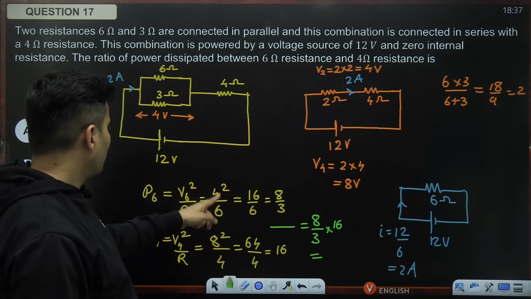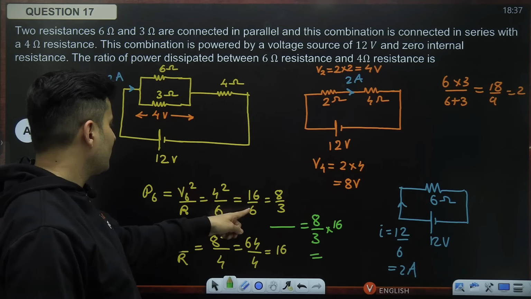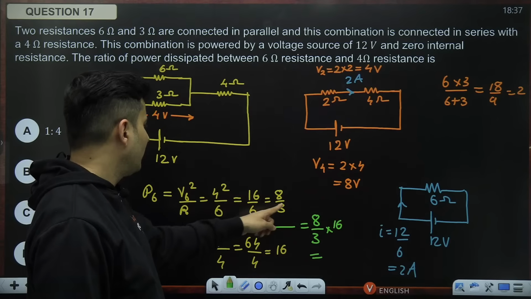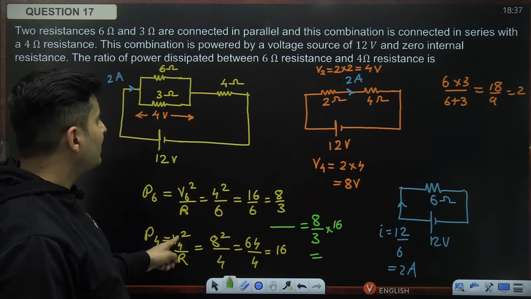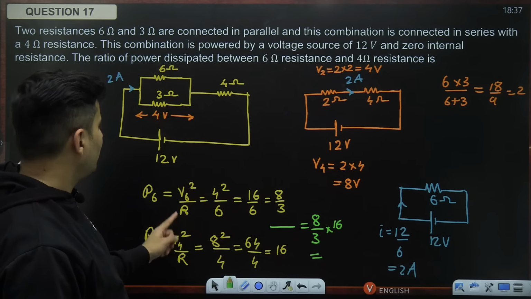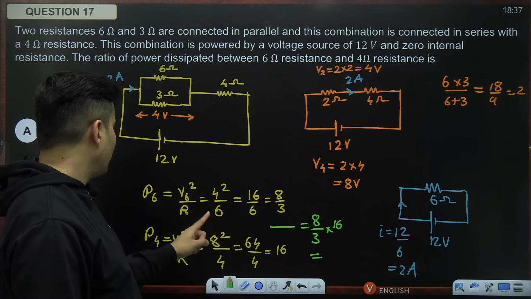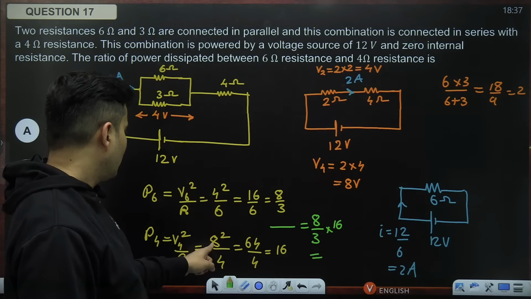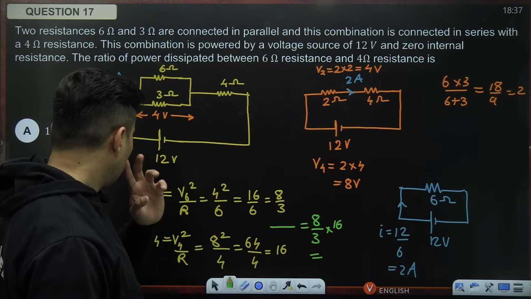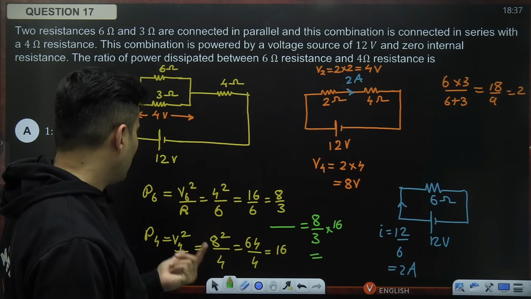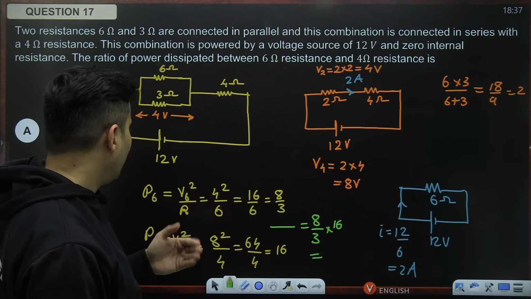So 4 square 16 divided by 6, divided by 2, 8 by 3. V square divided by R. Voltage is 8 volts across 4 ohm. So 8 square divided by 4. Yes, 8 square is 64 divided by 4. Yep, 16. So 8 by 3 divided by 16.